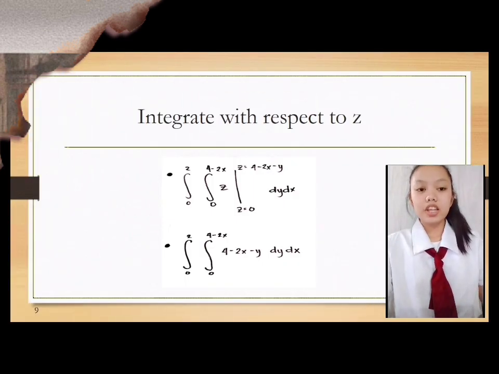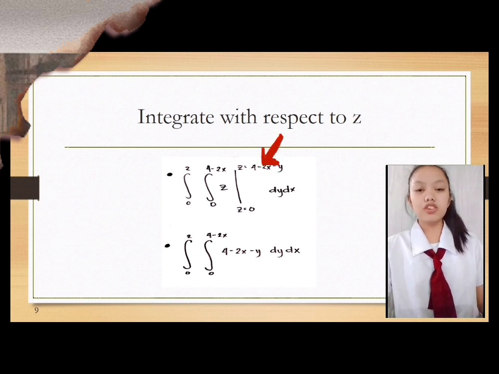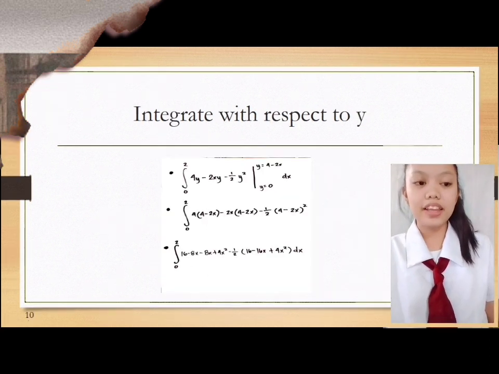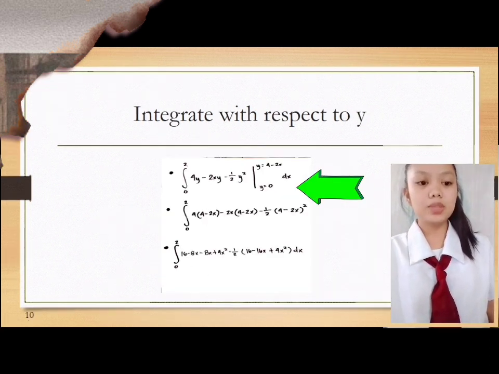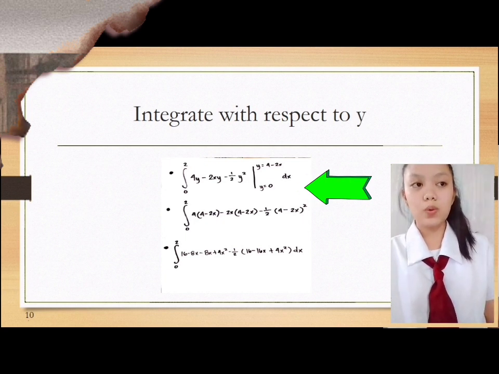Let's integrate with respect to z. It is from 0 to 4 minus 2x minus y. Then plug in 4 minus 2x minus y. Since the lower limit is 0, we don't have to write it, and we leave dy and dx. We're going to simplify and move on to integrate with respect to y. So we have 4y minus 2xy minus 1/2 y squared.